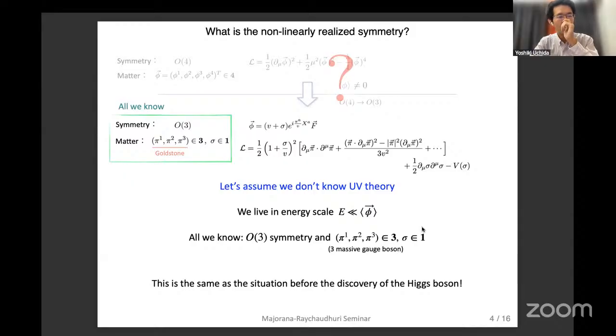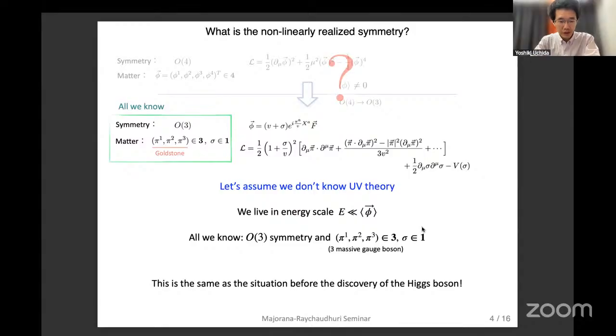People tried, but at that time, we didn't know how the SU(2) times U(1) is spontaneously broken to U(1). So people introduced the Higgs doublet or just thought about Higgsless theory, such as technicolor theory. So the situation is just like that.